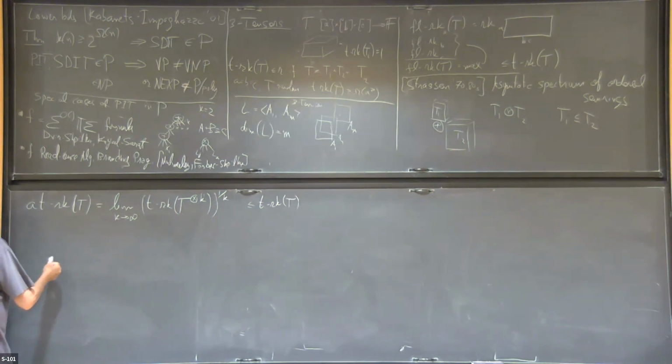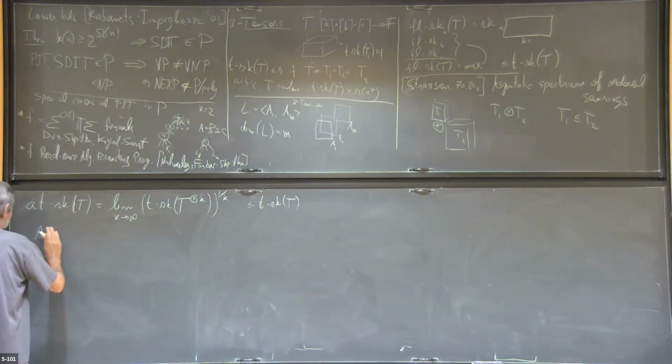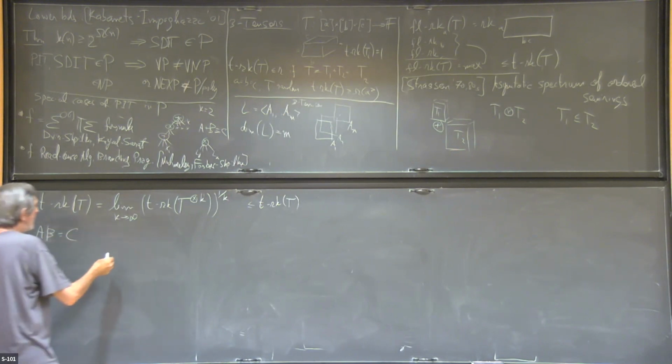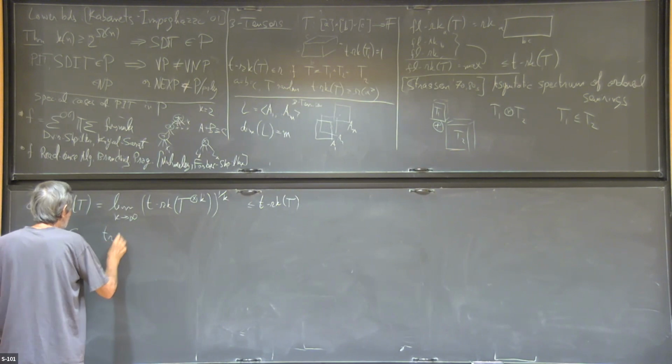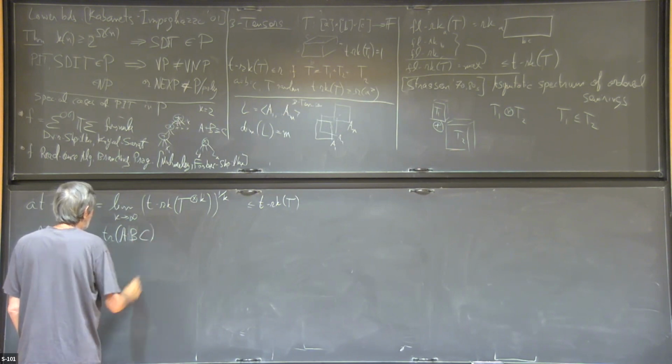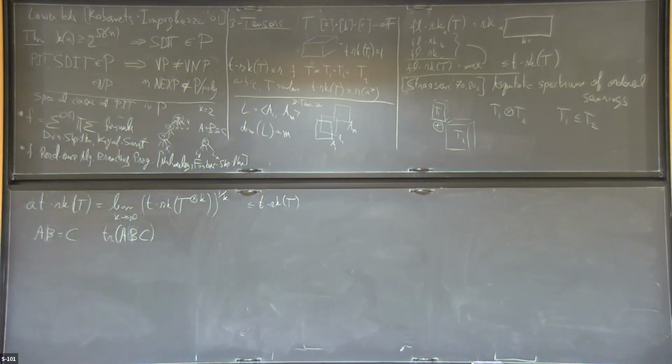To see that it's a tensor, think of two matrices, the product of two matrices, AB equals C. You want to compute this, that's a bilinear question, but you can equally look at the trace. It's the same question, really.